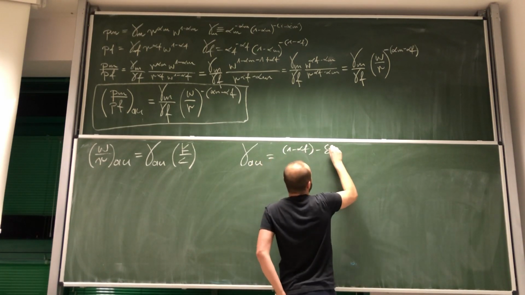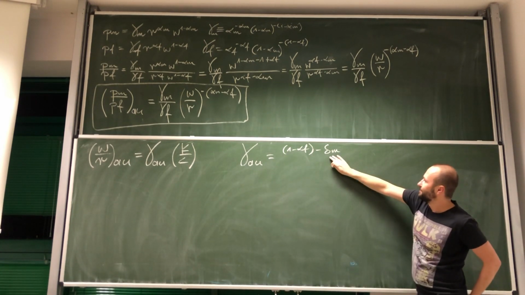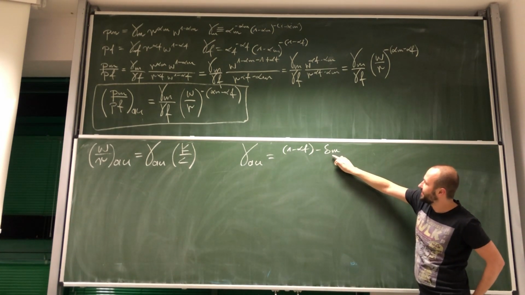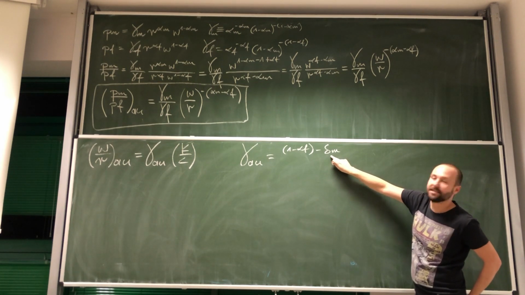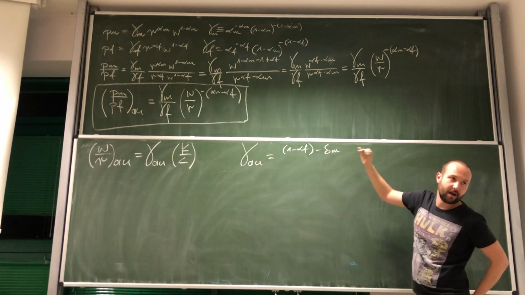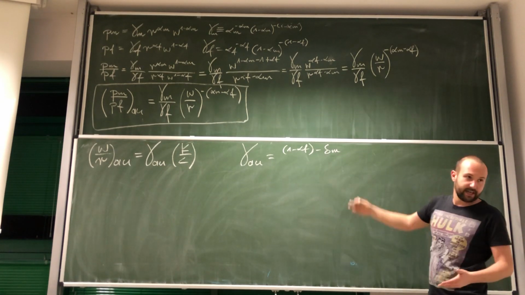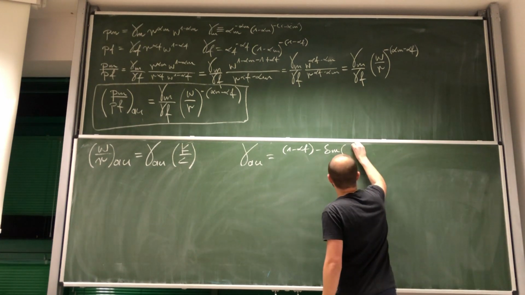minus delta m. Remember, delta m is the parameter that tells us what is the share of spending of the customers on manufacturing. That we of course take from the utility function.